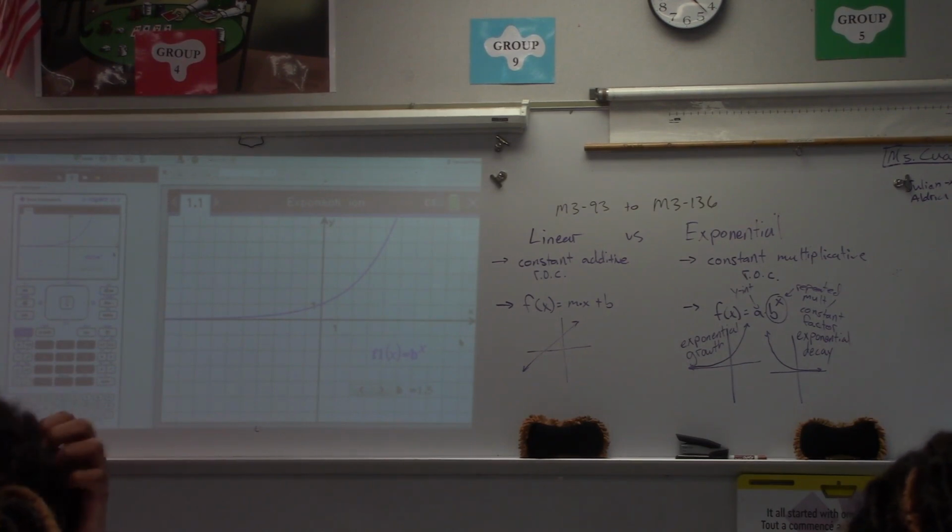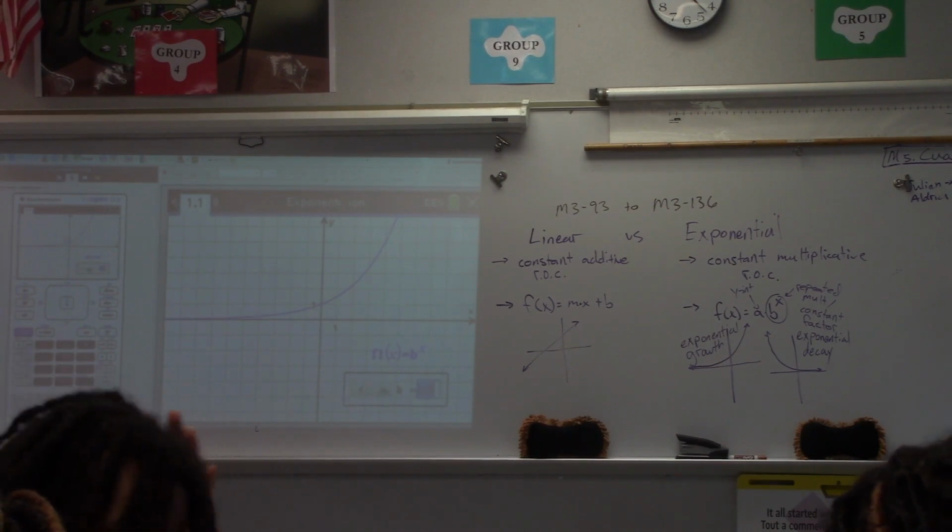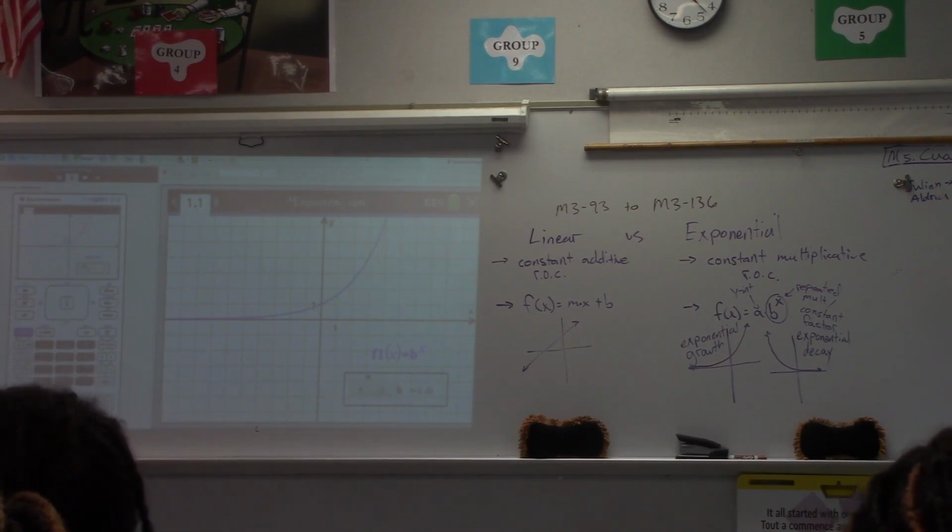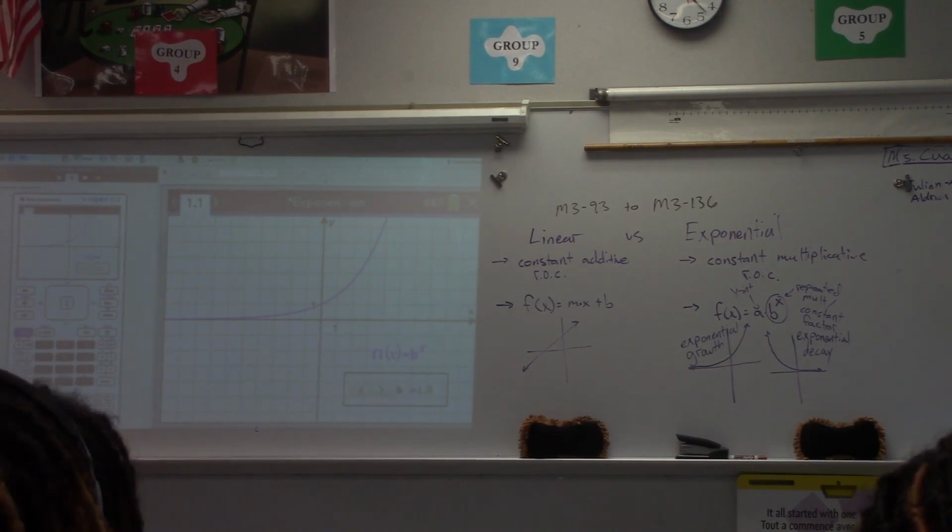Okay. I'm going to move this up here. It's hard to see maybe, but what is my b value right now? 1.6. And right now, is that exponential curve growing or decaying? Growing. So if I continue making b bigger, notice what's happening to that exponential curve.